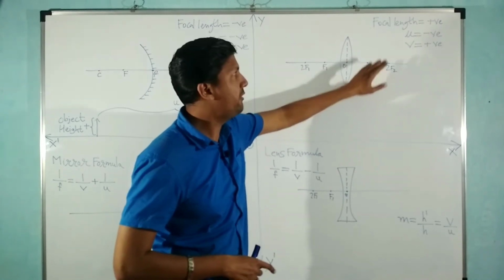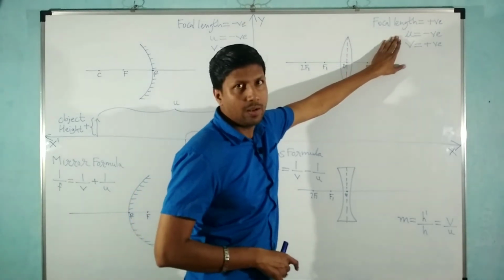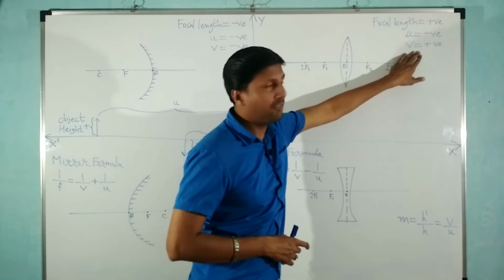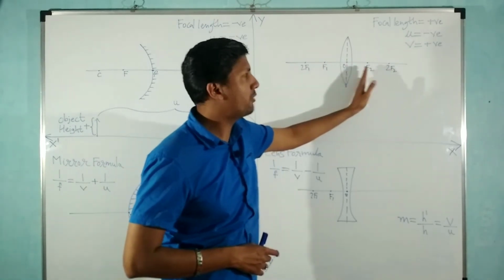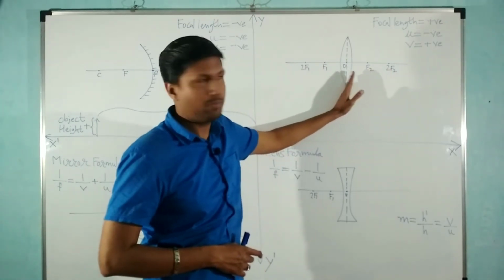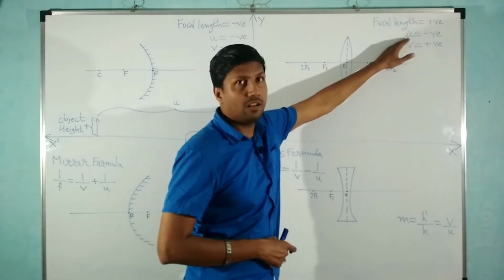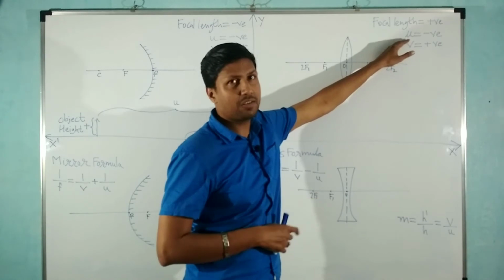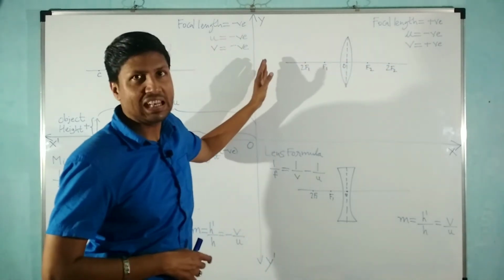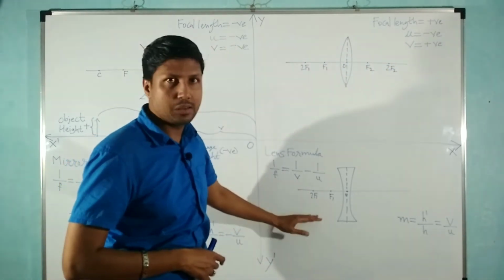The image distance V will be positive, because the image is formed in this part, after the origin. Object distance is always negative. Similarly in this case also.